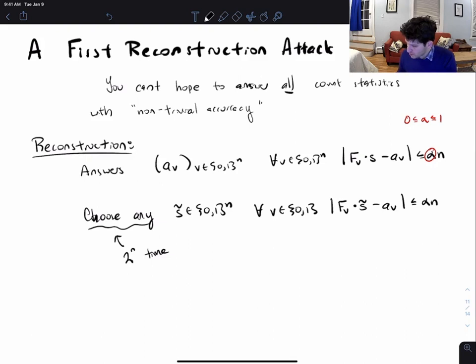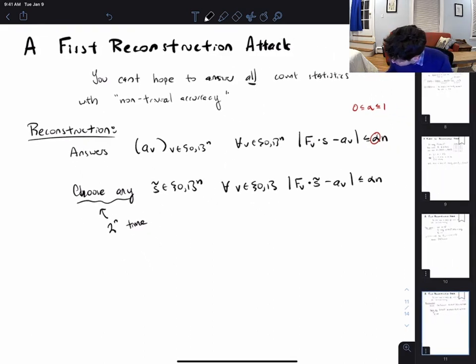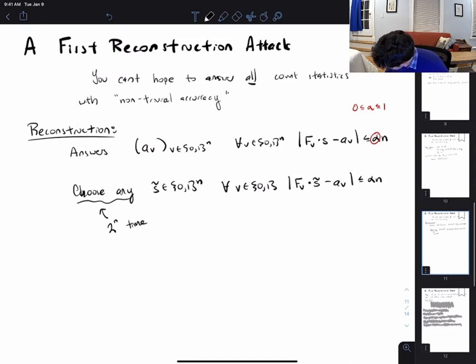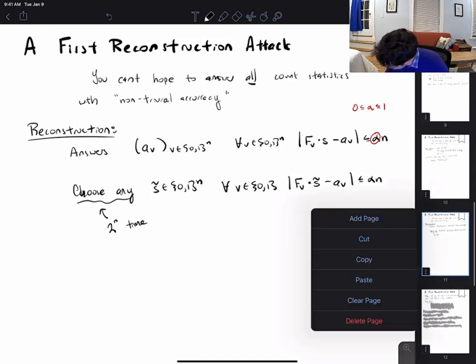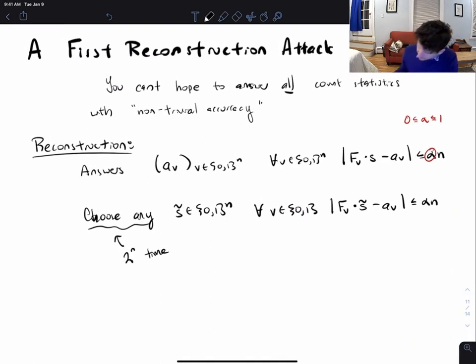All right, so a reconstruction attack. And what are we going to prove about this attack? Well, what we're going to prove is the following theorem.